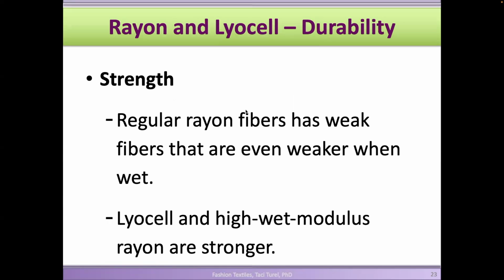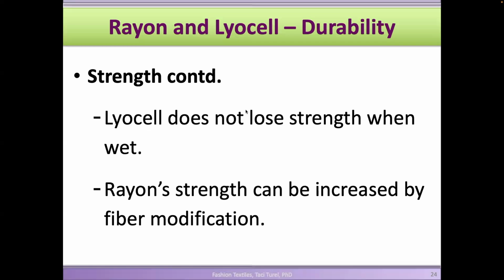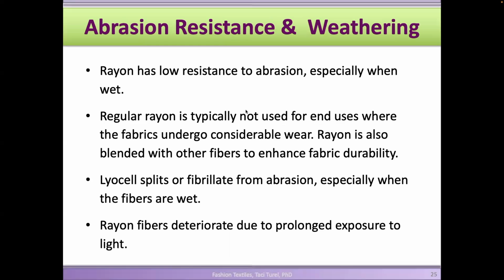I mentioned the weakness: regular rayon especially is weaker when it's wet. Lyocell and high wet modulus rayon are stronger, and lyocell doesn't really get weaker when it's wet. And high wet modulus rayon is a variation of rayon where they have increased the strength of the rayon by doing some fiber modifications.